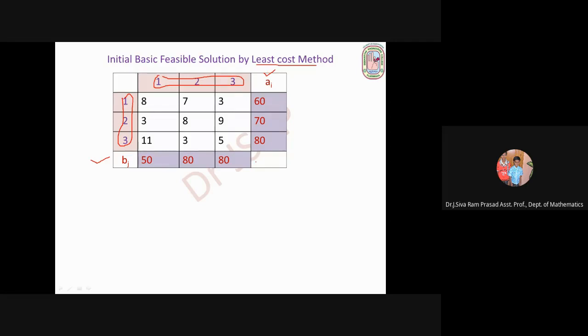In the last row, write requirement amounts. So in each cell, write the cost at the northeast corner here.